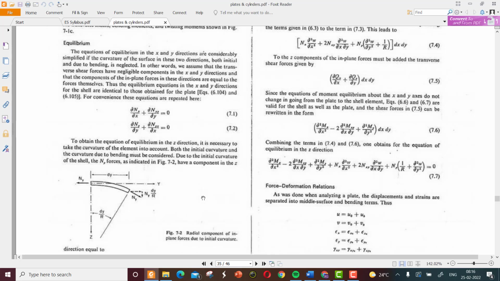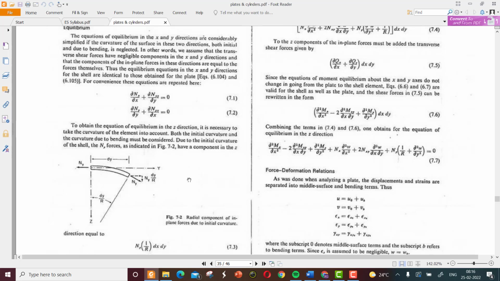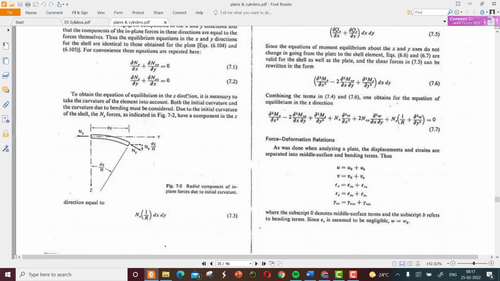As the shell is having a curvature, there is a little bit of complexity involved, and it's necessary to take the curvature of the element into account, both the initial curvature and the curvature due to bending. The initial curvature is a sole property of the shell, while the curvature due to bending can occur even in the case of a plate. Due to the initial curvature of the shell, the Ny forces as indicated in 7.2 have a component.